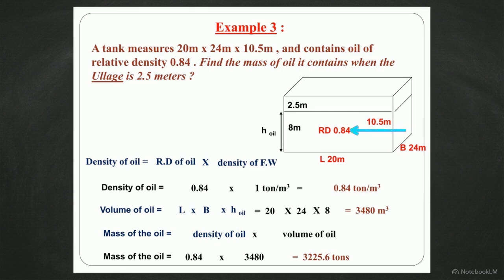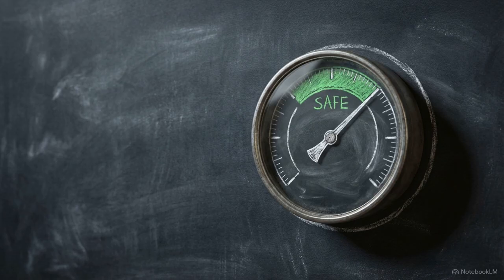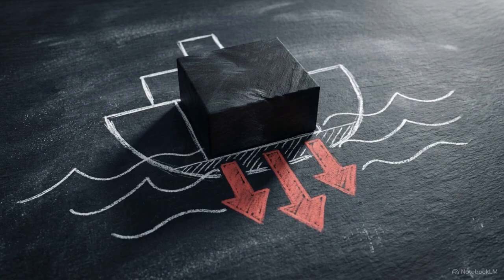Now we apply the relative density multiplier. Taking the oil's relative density of 0.84 and multiplying it by that 3,480 cubic meter volume yields the final mass, 3,225.6 tons. Factoring in ullage allows engineers to guarantee the mandatory empty clearance required for safety, while simultaneously locking in the exact physical weight pressing down on the ship's hull.